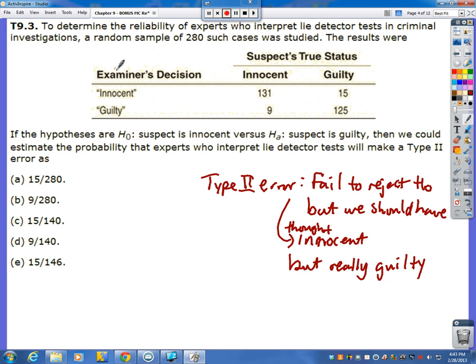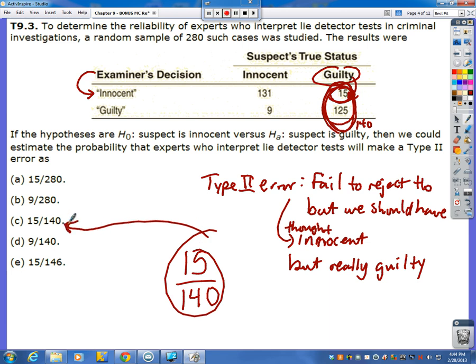Here's the examiner's decision: the examiner thought that the person was innocent, when in fact, here's the suspect's true status of guilt. There's 15 of those people. So 15 out of, and we would consider our total number of guilty people, because technically we incorrectly, out of these 140 truly guilty people, we thought 15 of them were innocent, and that is our type 2 error. So 15 out of 140, that matches up with C. Again, don't worry too much about this question being on the test, but definitely it would be a nice thing to be able to know.